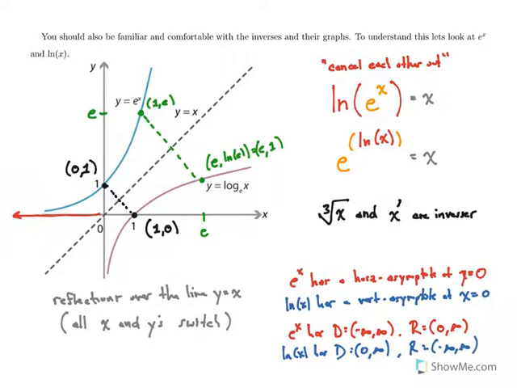The domain and the range switched. Domain has to do with x values, range with y values, and those all switch. So you can think about graphically, inverse functions have these properties. Algebraically, they cancel each other out, which is very useful when solving equations or messing with things algebraically.